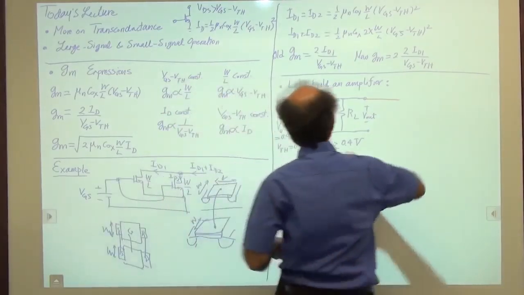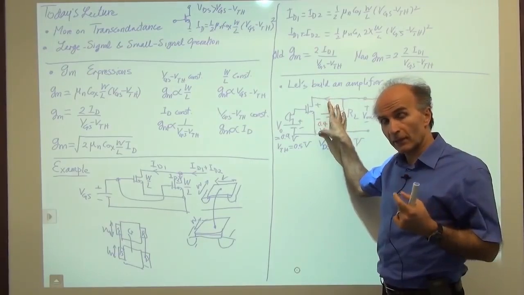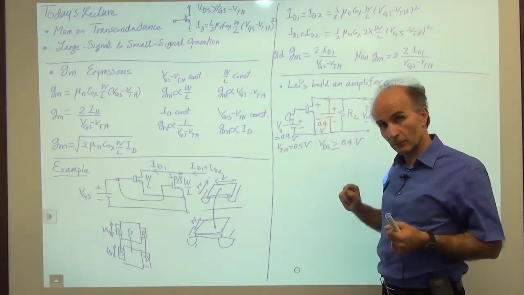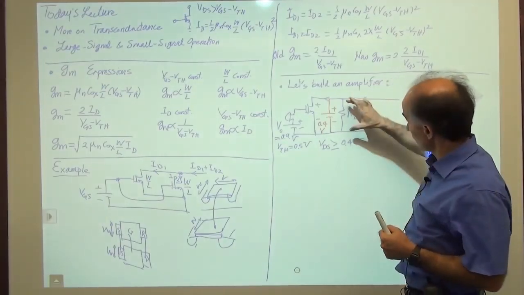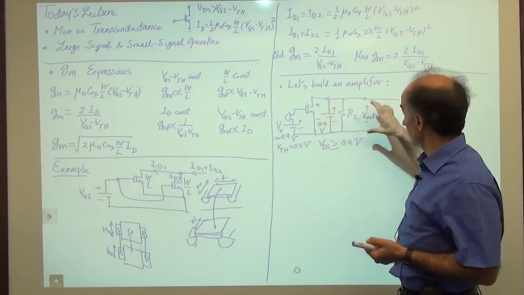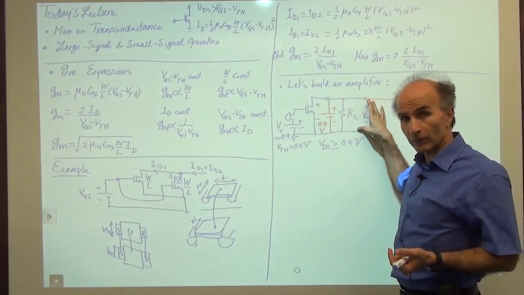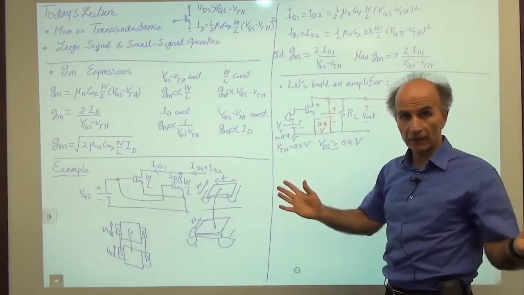Well, you can see that if there's a battery here, by definition, the voltage across the battery doesn't change. Right? That's the definition of a constant voltage source. Which means the voltage across this resistor doesn't change with time. Which means this value is always 0.4 volts. If I speak into the microphone, if I speak loudly, if I speak softly, nothing comes out, right?